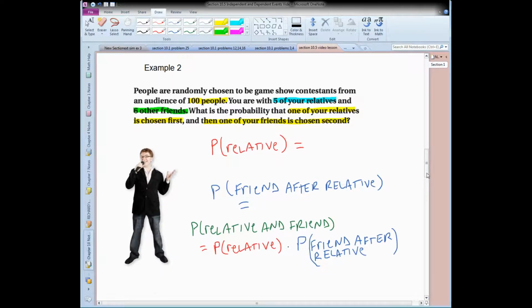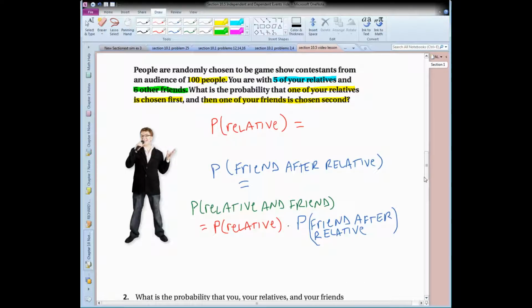Let's look at an example. People are randomly chosen to be game show contestants from an audience of 100 people. So I've got 100 people, that's what I'm starting with. And you're there with 5 of your relatives and 6 other friends. You want to find the probability that one of your relatives is chosen first, then one of your friends is chosen second. So what would be the probability that your relative would be chosen first?